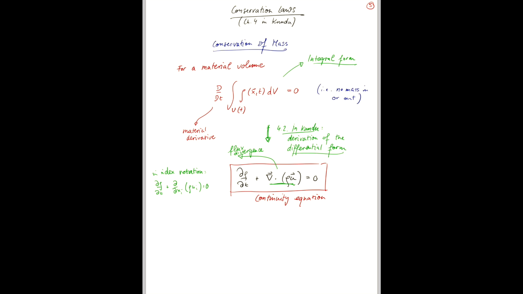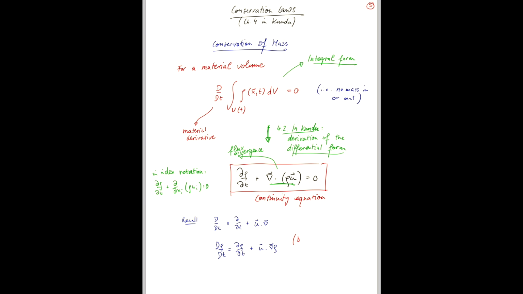If you recall the definition of the material derivative, D by Dt is just d dt plus u dot grad. So if we have the material derivative of density, D rho Dt is d rho dt plus u dotted with grad rho.